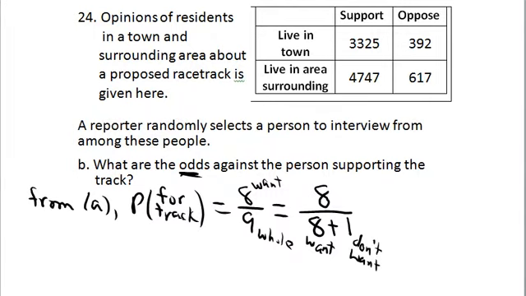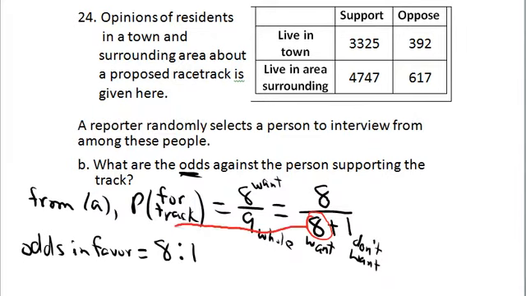So when you're doing odds in favor, you're going to get 8/1. It's just that simple. If you take the denominator after you've partitioned it, you've got the odds staring you in the face, but it's the odds in favor.